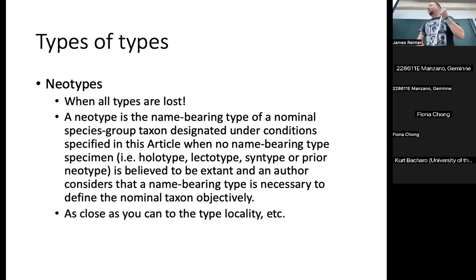To designate a neotype, what you need to do is find a new specimen of what you think is the same species, as close to the type locality, the depth, etc., as much as you can. The problem is many old papers have no information. This species described from Fiji.